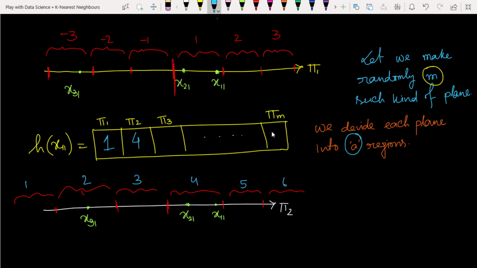So now for each cell of the hash value, this value will be what?